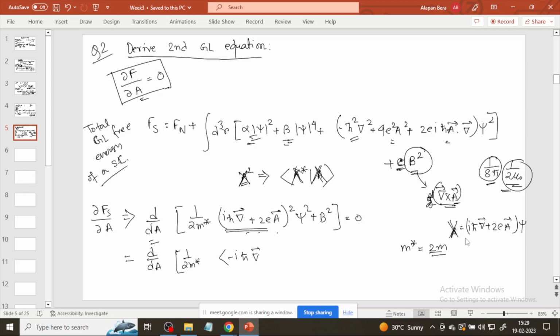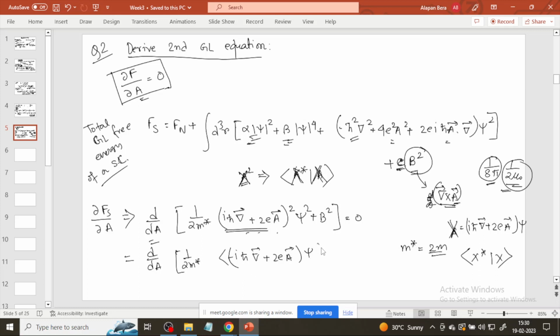So when we write it in the form x star x, we get this term, because x star is minus; we are taking the complex conjugate term, so this i becomes minus i and the other things remain the same.